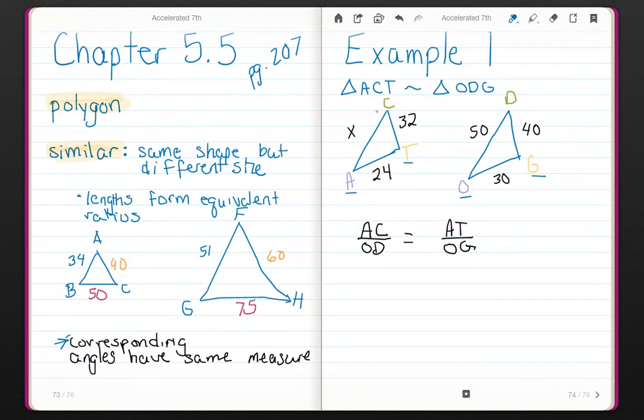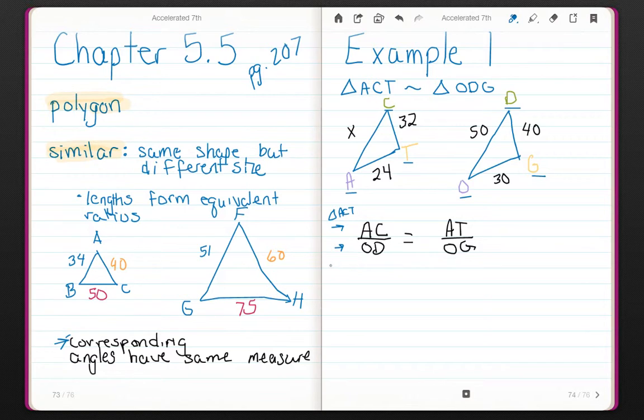And angles C and D are also the same. So I'm going to use that in order to find x. I don't know the length of segment AC. So here in the numerator of my ratios, I'm going to have the same triangle, triangle ACT.